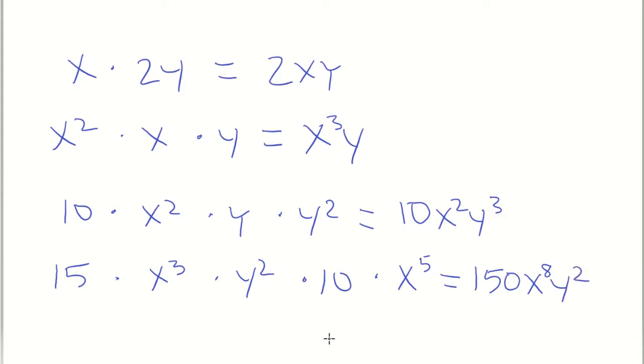So that's how you multiply with multiple variables. And if you were to add another variable, say z, x times y times, let's say, 2z, same idea, it's going to be 2xyz.